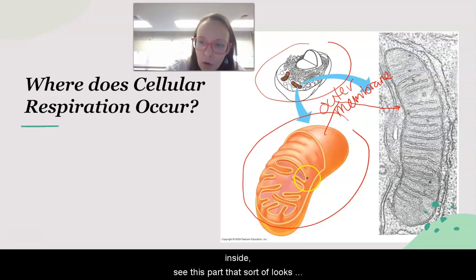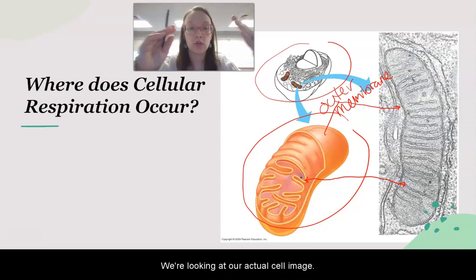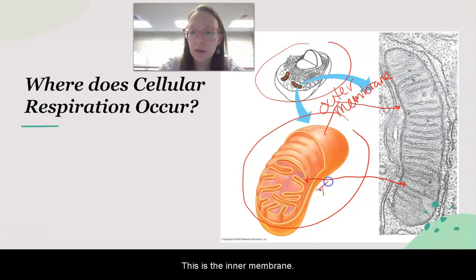Inside, see this part that sort of looks like squiggles, right? That squiggly part over here, if we're looking at our actual cell image, this is the inner membrane.